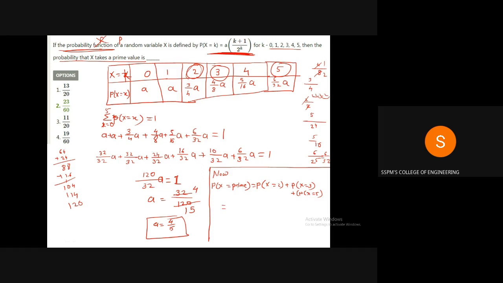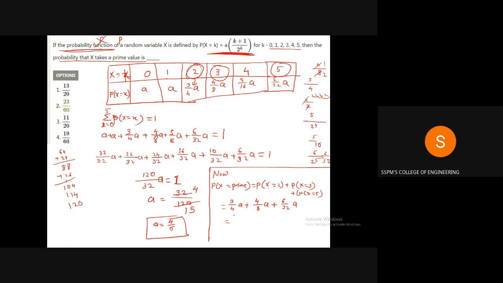So their addition: probability of x equal to 2 is 3 by 4a, probability of x equal to 3 is 4 by 8a, plus probability of x equal to 5 is 6 by 32a. Again we will make the denominators equal.